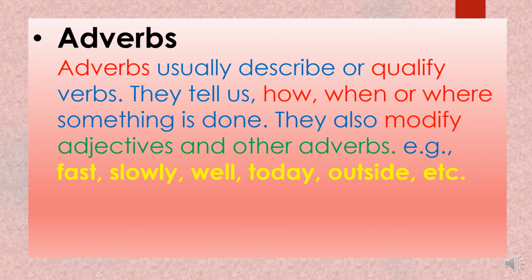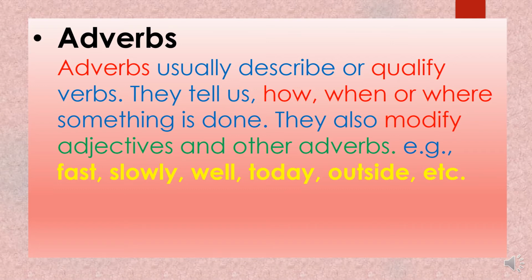See, fast. Ram is bowling. But how is Ram bowling? Ram is bowling fast. Slowly. Sneha is reading. Here the verb reading is there. But how is Sneha reading? Sneha is reading slowly.